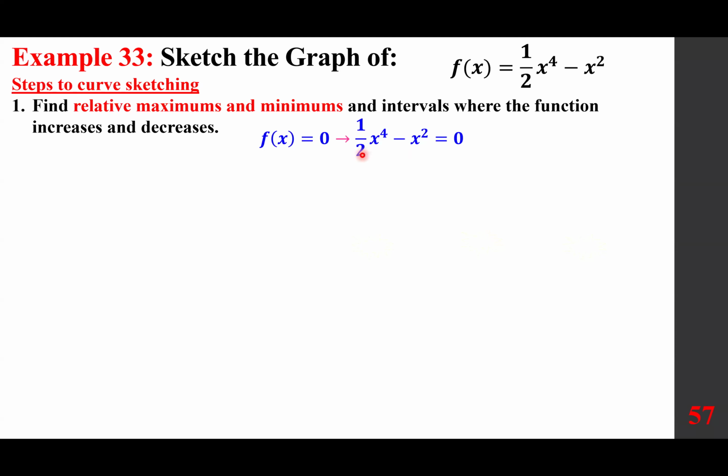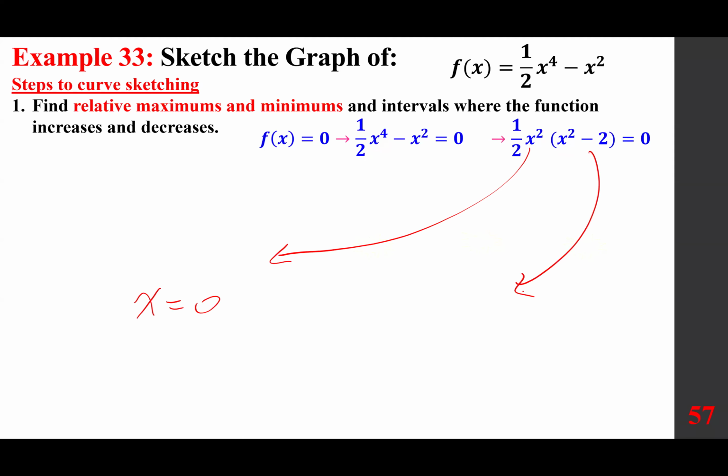We can factor out either x squared or half of x squared, makes no difference. Half of x squared comes out as x squared minus 2. I hope you realize this means x is 0. And this means x squared equals 2, and x is plus minus square root of 2.